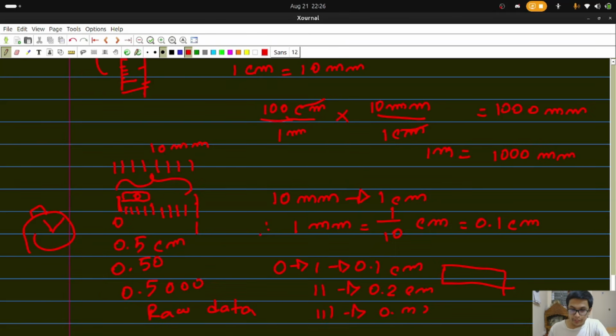Raw data, okay. So in raw data, we cannot change the number of digits after a decimal point. In the case of a ruler, it's only 1.